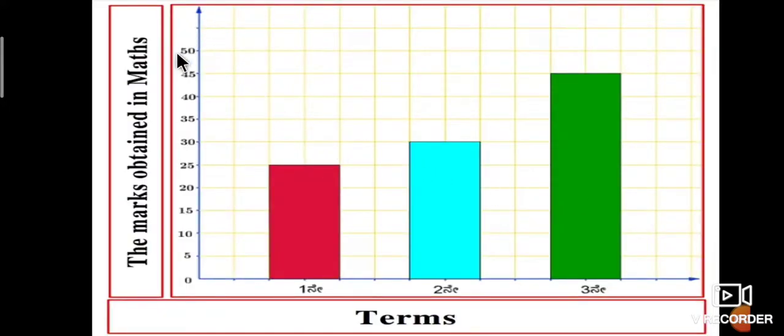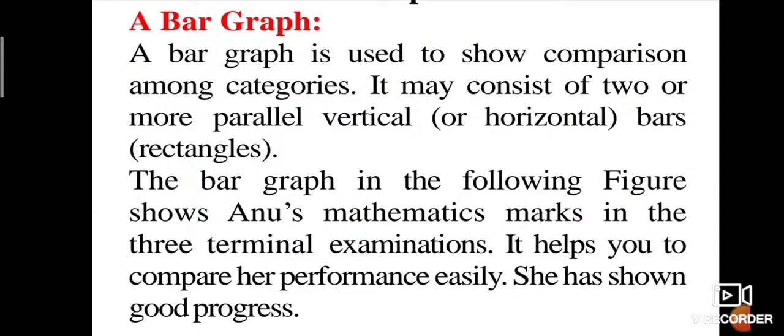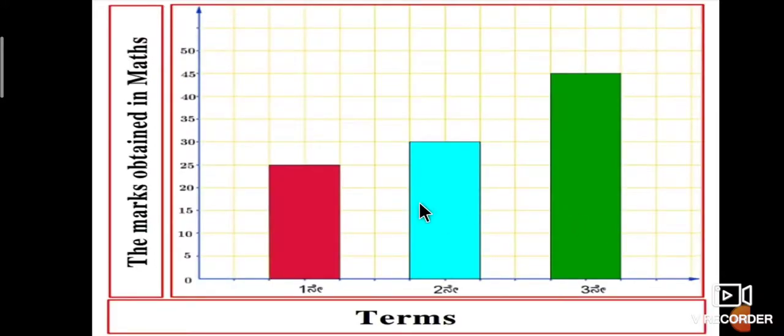For example, observe here, in the first she has 25. In the second, she has 30. In the third, she has 45. So this is what she has scored in the three terminal examinations.